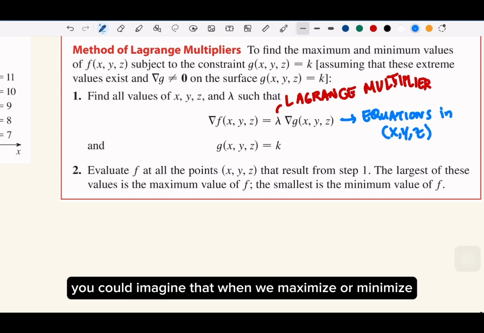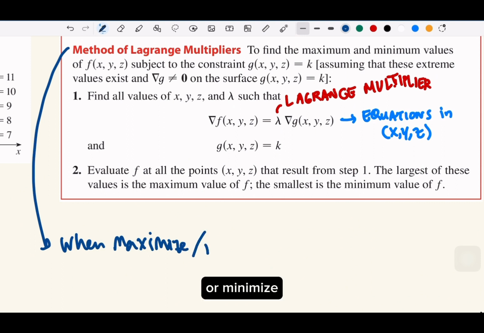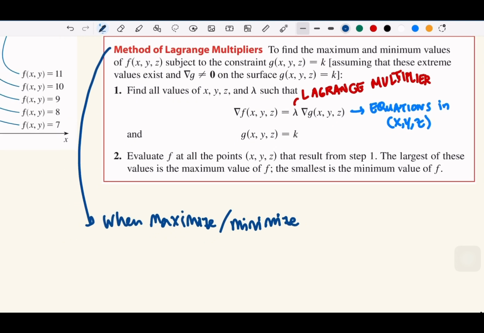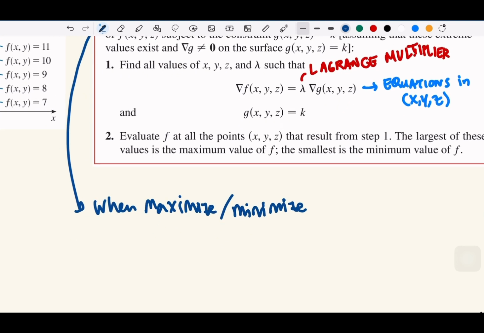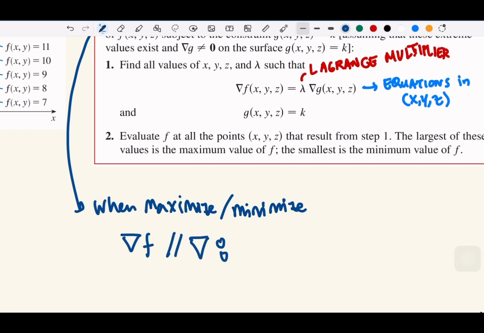Or you could imagine that when we maximize or minimize, the del of f will be parallel with the del of g.